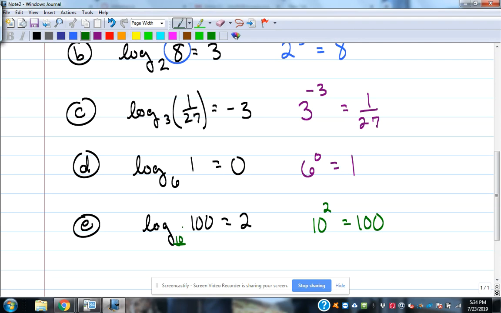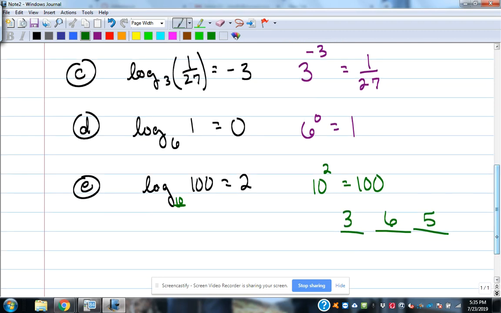The reason that's an understood log base 10 is called a common log is because we live in a base 10 number system, that everything is done by a place value holder that's a 10 exponential. Like if I had the number 365, that's really 3 times 10 squared plus 6 times 10 to the first plus 5 times 10 to the 0.